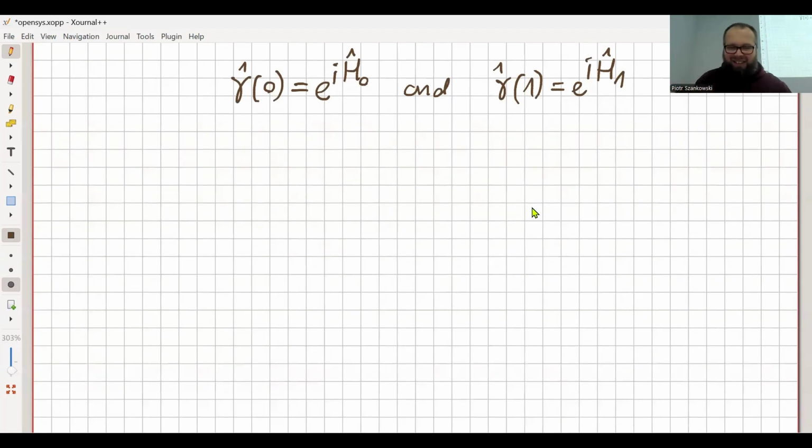Unitary transformations, which evolution operators are, change your vectors into new bases. They are formally elements of an SU(D) group, the special unitary group, where D is the dimension of our Hilbert space.